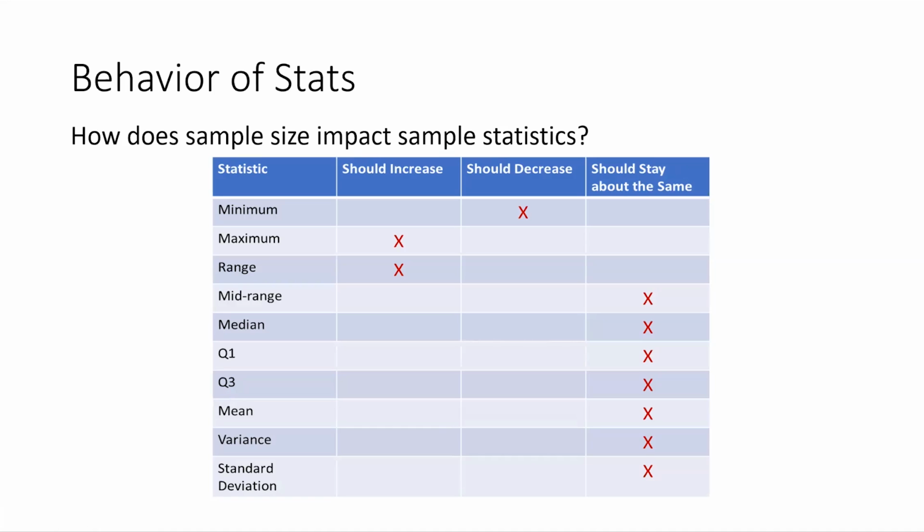The way to think about this is as your sample size increases, you're more likely to get extreme values, right? If I sample something 5 times, I'm probably going to get roughly the middle values. Let's say there's a population of 1,000 people and I'm sampling heights. If I only sample the first 5 people that I see, I'm probably going to get relatively average heights. If I sample the entire population of 1,000 people, I'm probably going to find some very, very tall people and very, very short people, right?